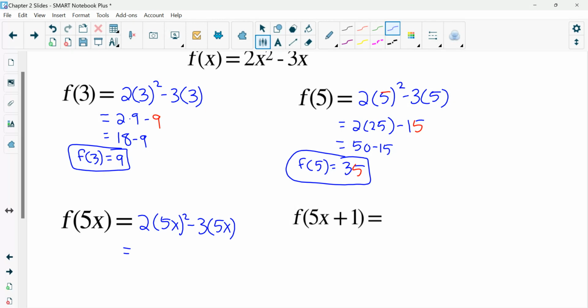So I would have to first square 5x. So that means I'm squaring the 5 and squaring the x, because that is one big term. It's not a 5 plus x, it's a 5 times an x. So that would give me 2 times 25x squared. And then I would also do negative 3 times 5x, which is negative 15x.